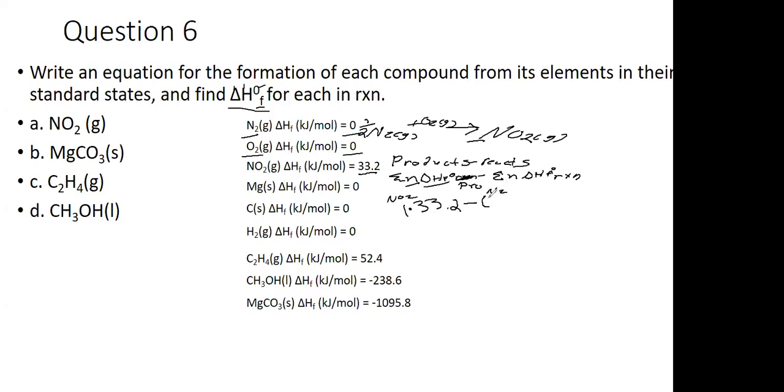So n is 1/2, so 1/2 multiplied by our delta H of formation of N2, which from our table is 0, plus now we're going to do O2. The number of moles is 1, multiplied by our delta H of formation, which is 0. So these two things equal 0, so it's actually a super easy calculation. The delta H of formation of NO2 is 33.2 kilojoules per mole.